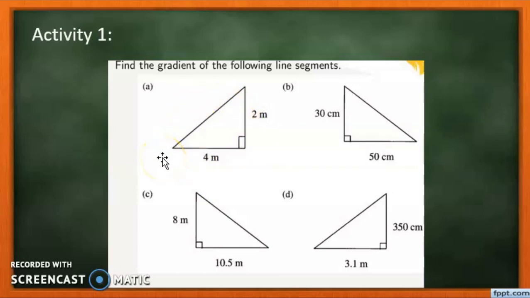To give you a hint, just like with lines, this would be your slope, and then this you use as your rise and run. Please note that for this triangle, the units aren't the same, so you need to change the units. You'll have to have the same units before you can work out your rise over run. Alright, very simple.